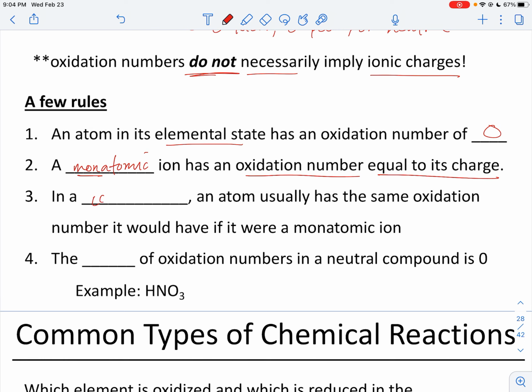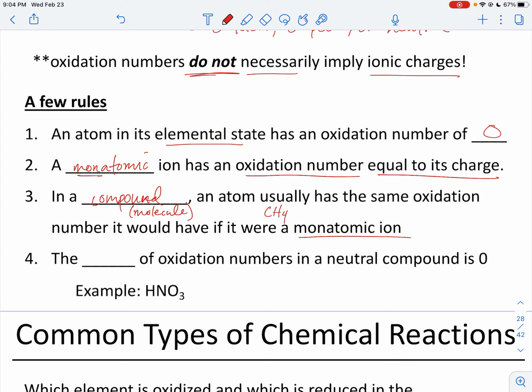Now in a compound, or I should also say in a molecule, like a covalently bonded molecule, an atom usually has the same oxidation number it would have if it were a monatomic ion. Now in a covalently bonded molecule, like CH4 for example, this one's actually really tricky. I should have probably thought of a different one.